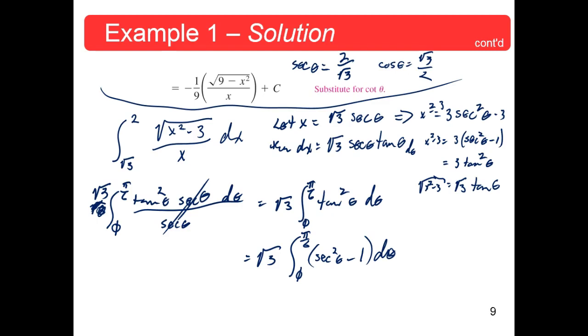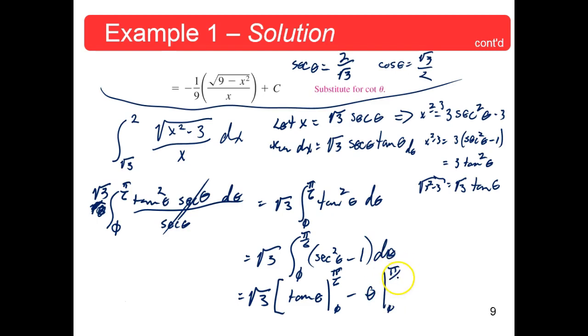Antiderivative of d theta is theta. So this would be root 3 times tangent theta, evaluated from 0 to pi/6, minus theta, evaluated from 0 to pi/6.